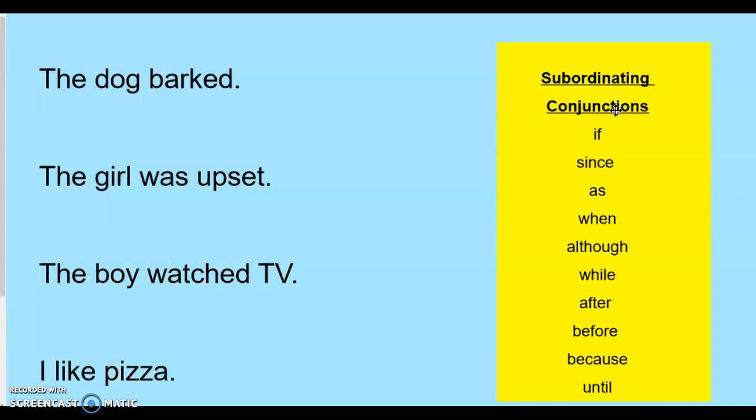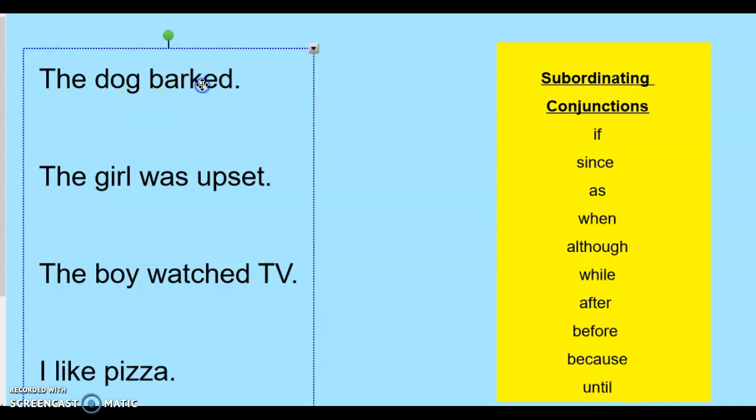Okay, and you need to attach a subordinating clause onto this sentence to extend it and add more information. And you can do this by using one of these subordinating conjunctions: if, since, as, when, although, while, after, before, because, until.